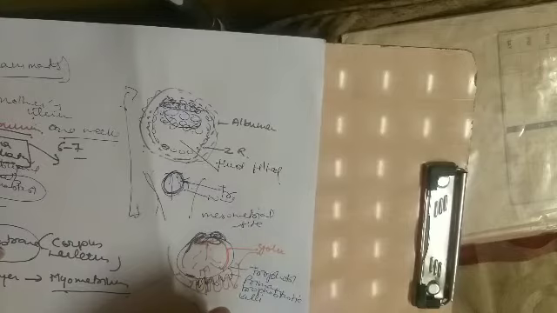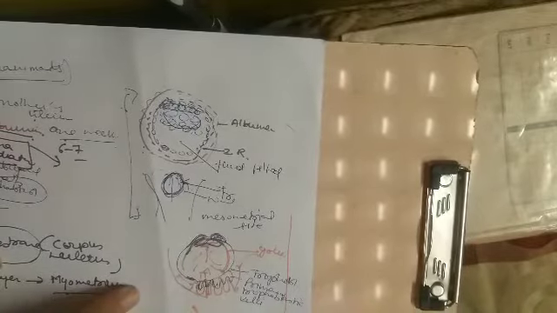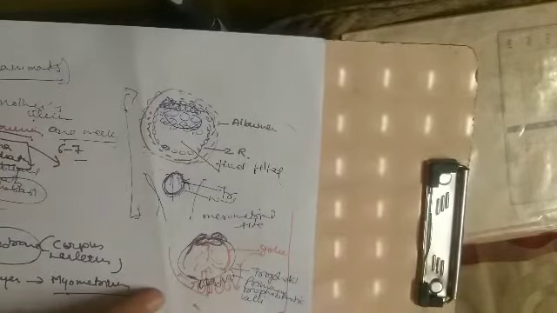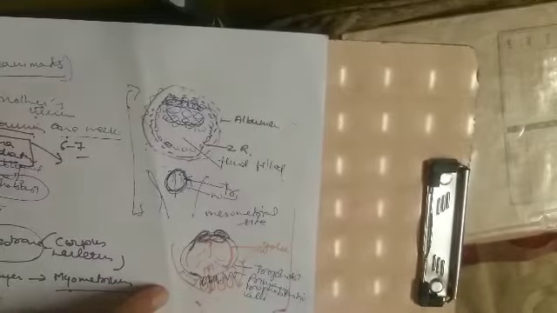We'll talk about that. And the villi probably digest the epithelial cells and then pass the products to the embryo. So this is the implantation in the mammalian embryo and also in the human embryo.